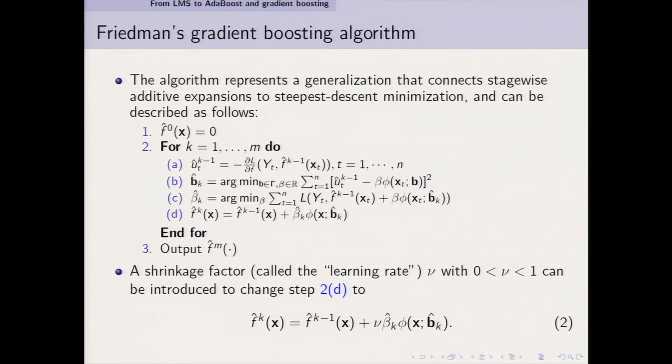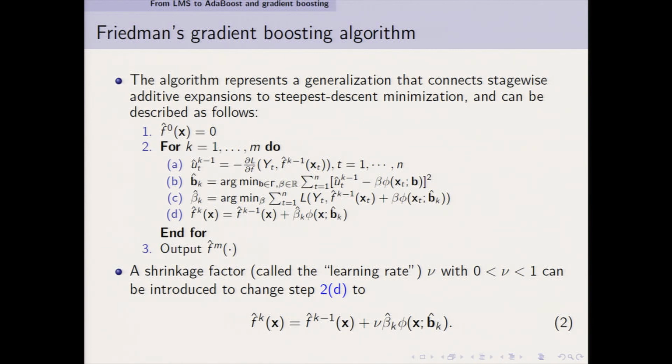Every time I want to add a new basis into it, I do it in a greedy manner. So these are greedy algorithms, greedy in this sense. I want it to match the gradient, because for it to be as correlated as possible.